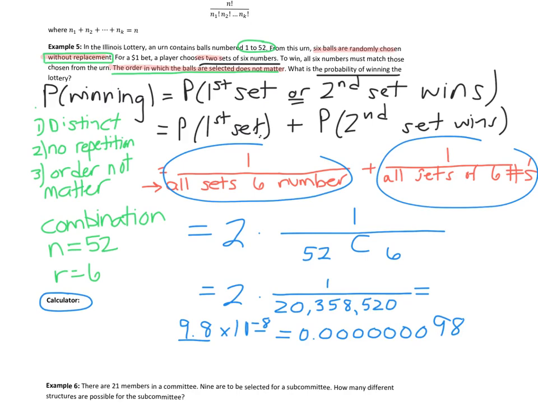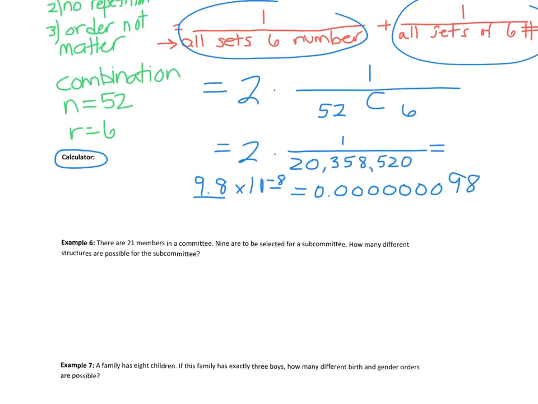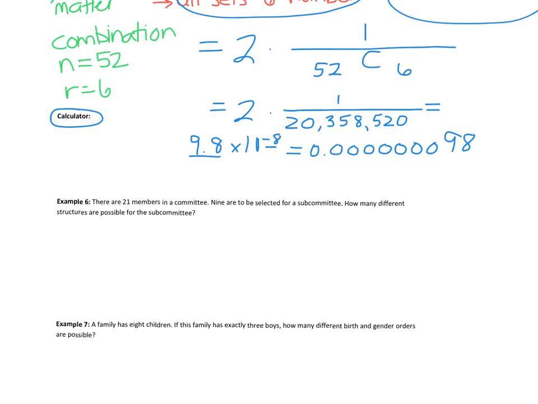Okay. Just to put that in perspective about how maybe playing the lottery isn't your best idea for wealth. It's good to have a backup plan other than winning the lottery. If we're talking about the law of large numbers, let's see, 1, 2, 3, 4, 5, 6, 7, 8, 9 decimal places. So we need 9 zeros.